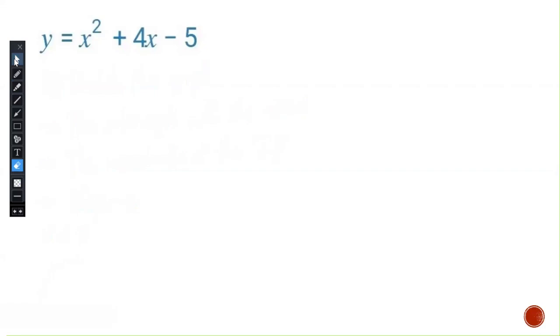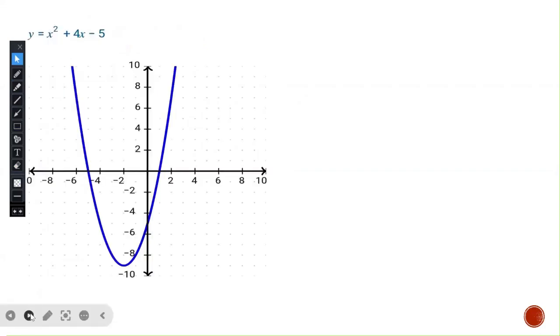I have already sketched it. These are the things that you'd have to show there. Remember, we calculated our x-intercepts and found that they were +1 and -5, so you show these two x-intercepts here. You also calculated the y-intercept, which we can even see from here: it's -5, so the graph intersects the y-axis at -5.